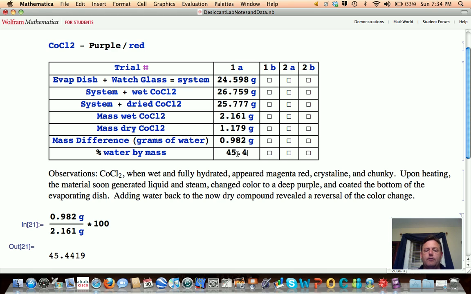So I'm going to type right in here, 45.4. Now, if you look at this, you'll notice that I took only 3 digits here, and that's because when I look at this answer, this is the grams of water, I see only 3 significant digits. This leading 0 is not significant, but 9, 8, and 2 are, so there are 3 in this value. The total compound mass was considerably heavier.